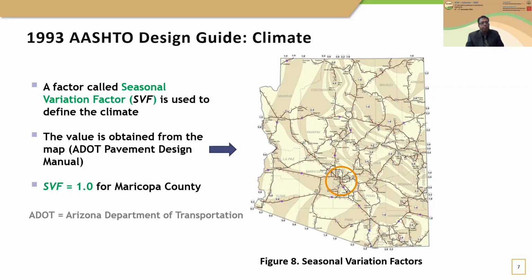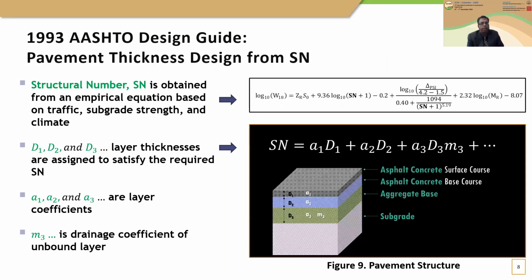Once the traffic, subgrade, and climate data are available, an empirical equation is used to obtain a value called structural number. Then layer thicknesses are computed to satisfy the required structural number. The pavement structure typically contains multiple asphalt bound layers and unbound layers, such as aggregate base constructed on prepared subgrade, as shown in Figure 9.